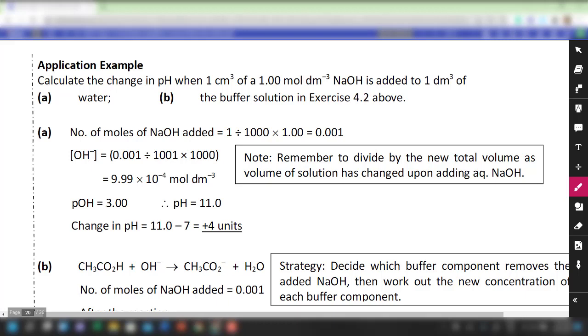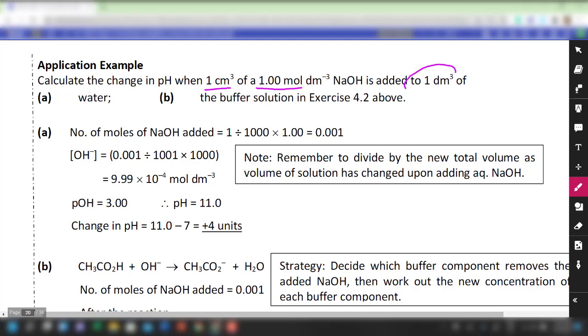Okay, so we have pure water. I add in sodium hydroxide, 1 cubic centimeter from a 1.0 mole per dm³ solution. So from here, the concentration of OH minus, you can easily determine that will be the number of moles divided by the total volume.